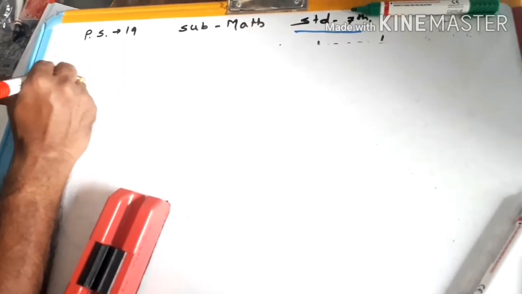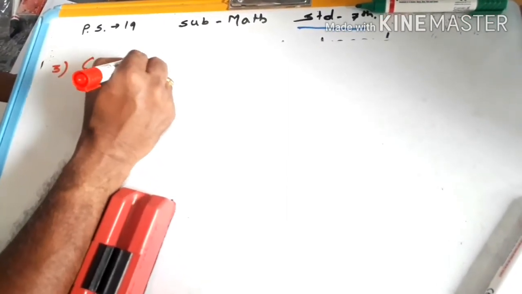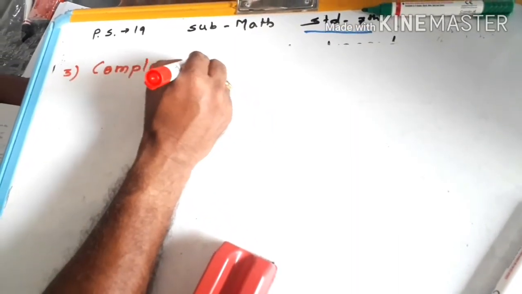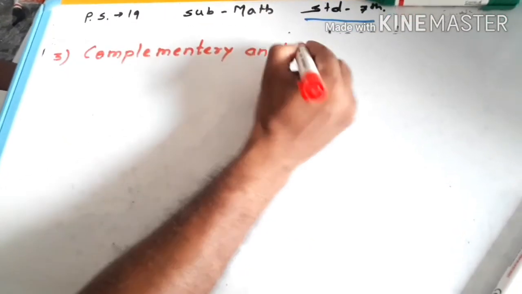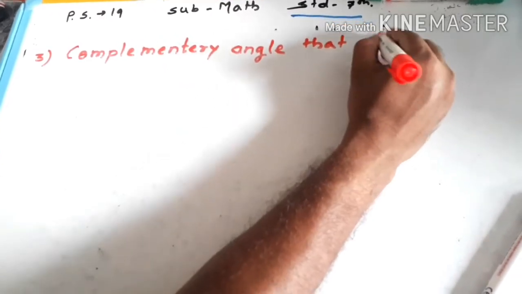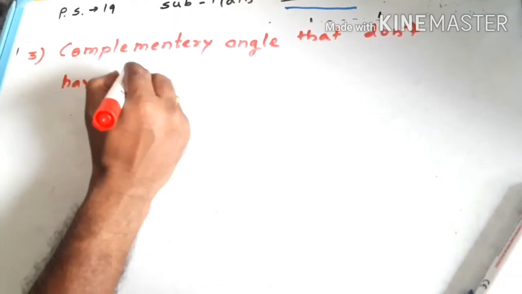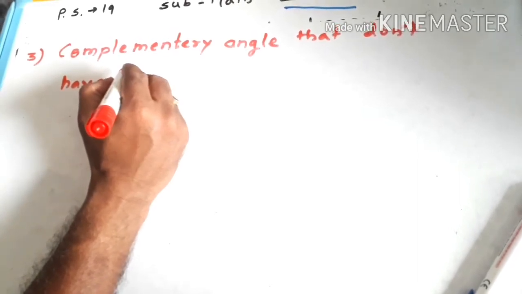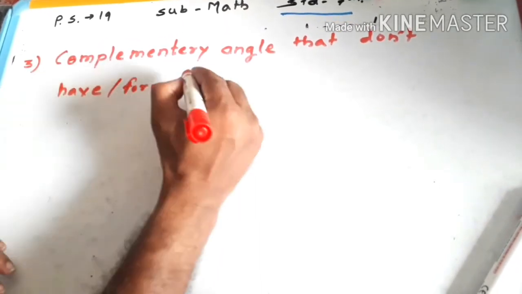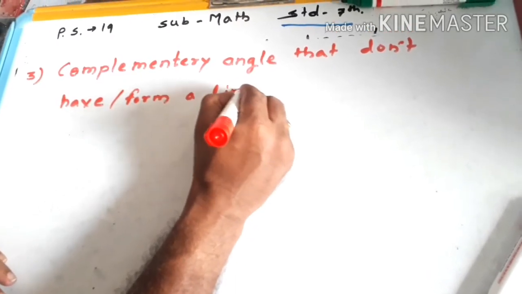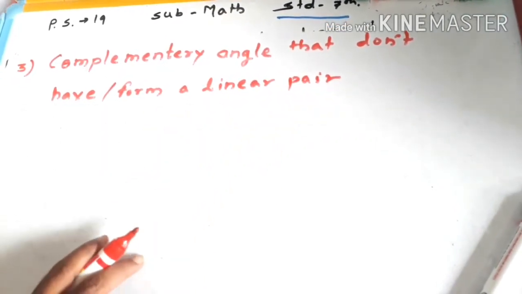Complementary angles that don't have a linear pair.